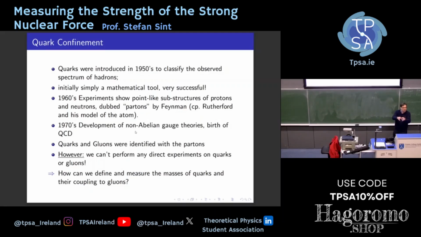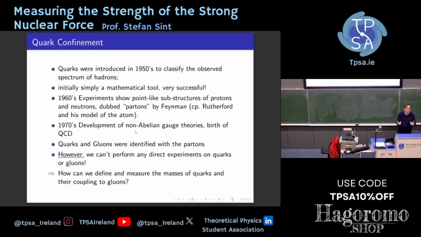The diameter of a proton is 10 to the minus 15 meters, which is 1 fermi or femtometer. That's a factor of 100,000 smaller. With correspondingly higher energies, you can resolve even the substructure of a proton. That is what happened in the late 60s, and these substructures were later identified with the quarks.